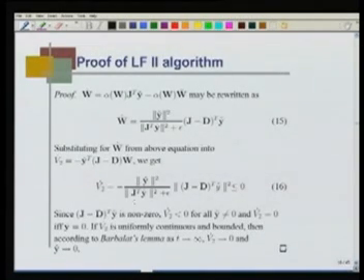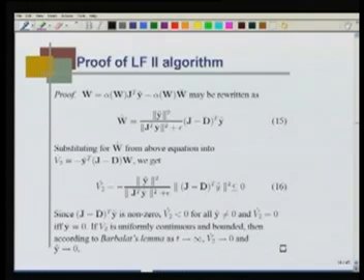So, in that sense, since J minus D transpose Y tilde is non-zero, V2 dot is less than 0 for all Y tilde not equal to 0, and V2 dot is 0 if Y tilde equals 0.